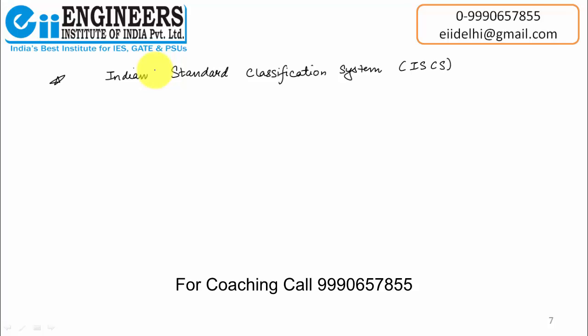Basically this is a revised version of USCS. In this also they have classified the soils into three types. The first one is coarse grained, another is fine grained, and the last is highly organic soils.